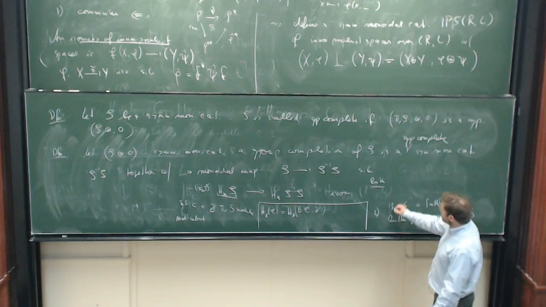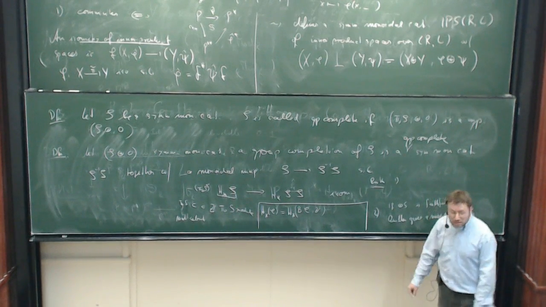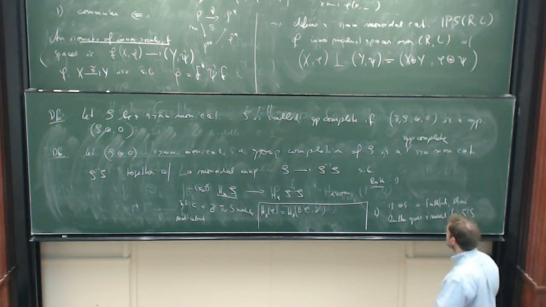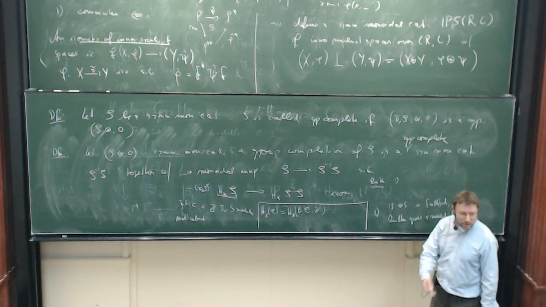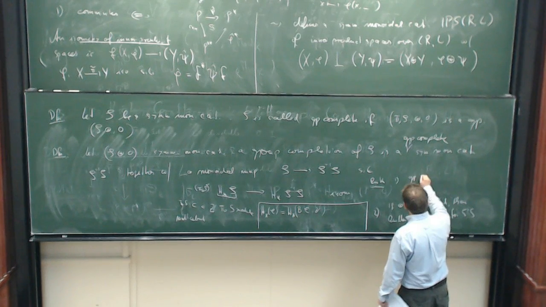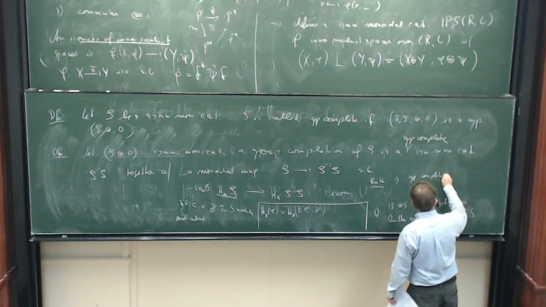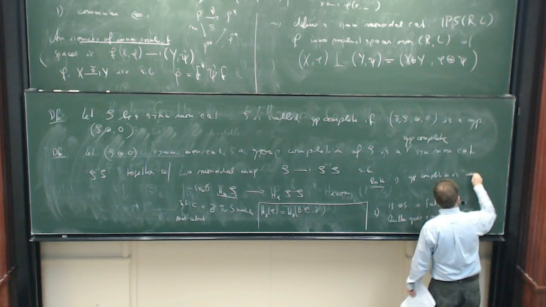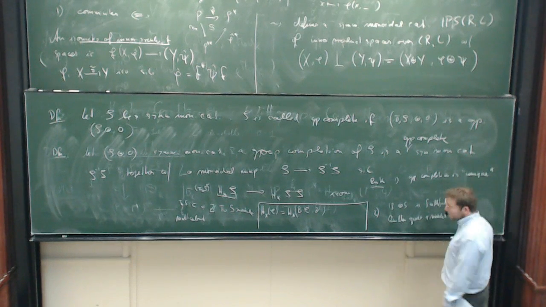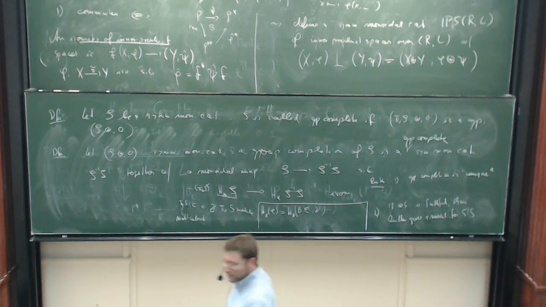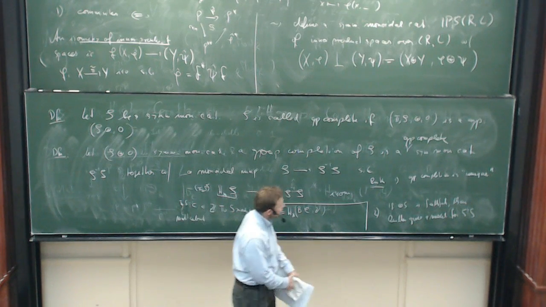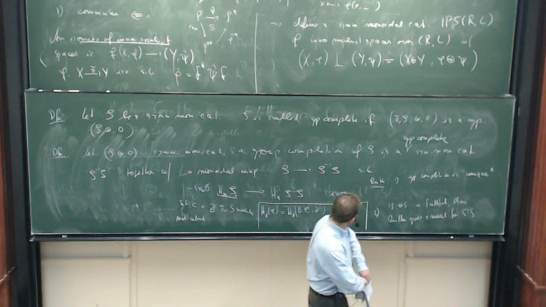And remark 1 is that the group completion is unique in a certain sense, which you can ask me about. I explained that. So, group completion is unique. I'll say what it means.